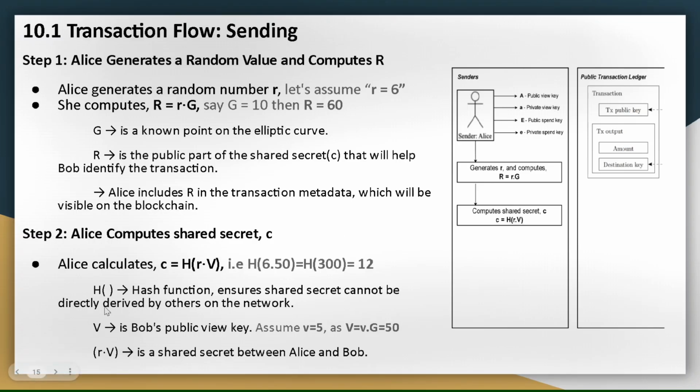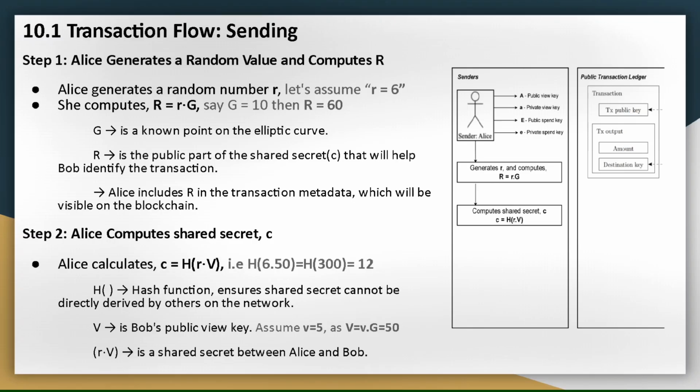Now the second step: Alice will compute a shared secret C, which is the hash of small r times V. What is V here? V is the public view key of Bob. Let's assume small v equals 5. Then capital V is v times G. Why v into G?